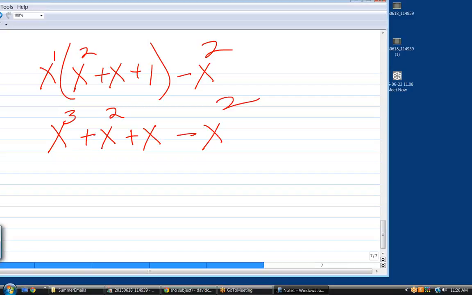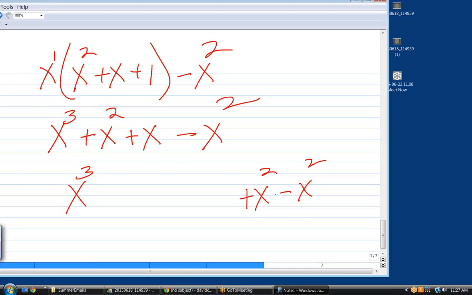So now simplify it. How many x cubes do we have? 1. How many x squareds do we have? 2. Combine them. If I have a plus x squared and a minus x squared, what do I have? Nothing.